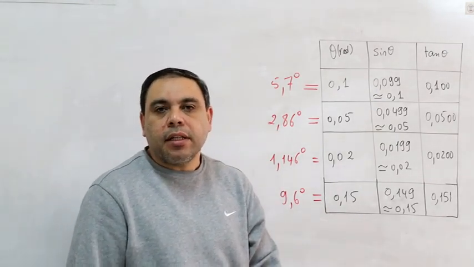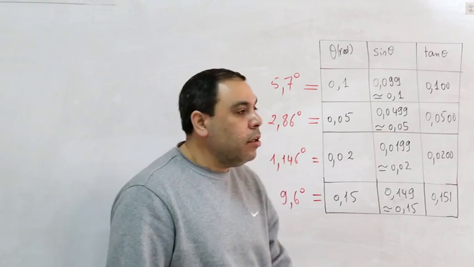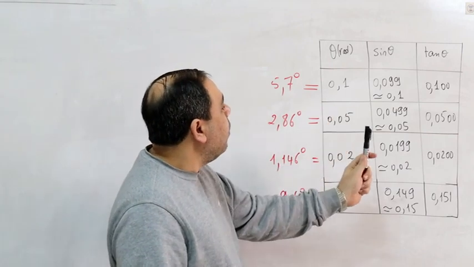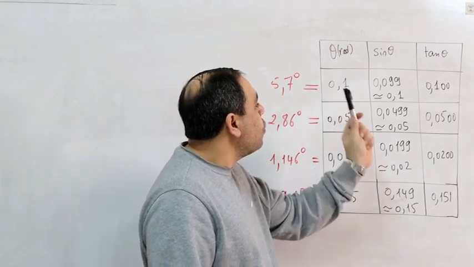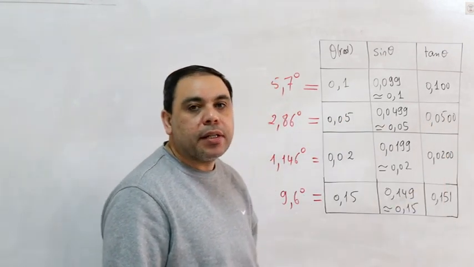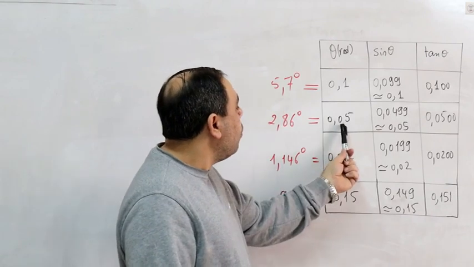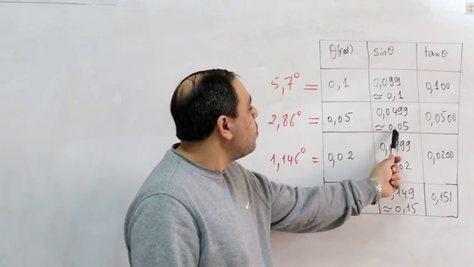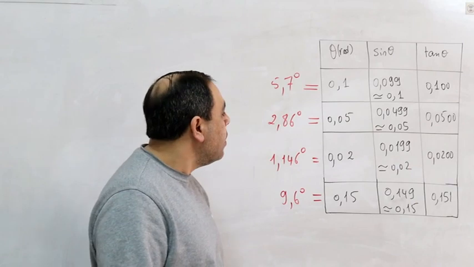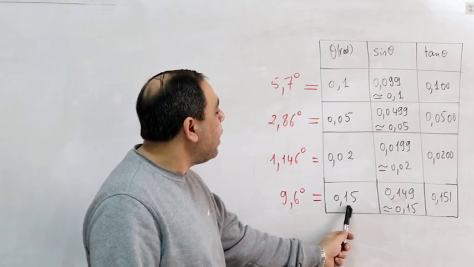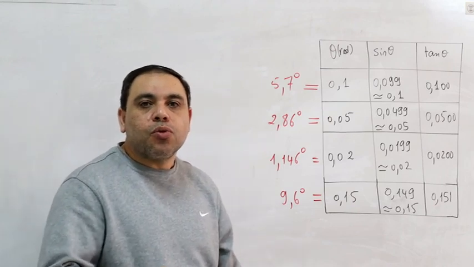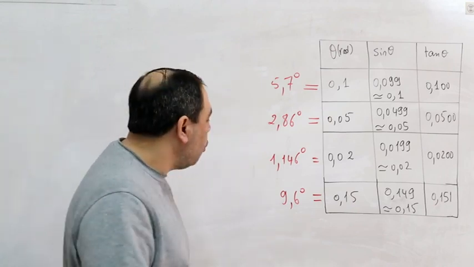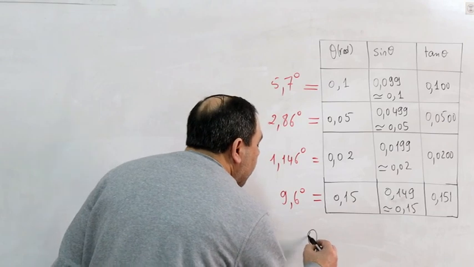We notice that when using the calculator in radians, sine theta equals 0.1 is approximately 0.1, and the tangent is approximately 0.1 as well. For theta equals 0.05 radians, sine theta equals 0.05, and its tangent is 0.05 as well. For theta equals 0.15 radians, for example, sine theta equals 0.15, and tangent equals 0.15.